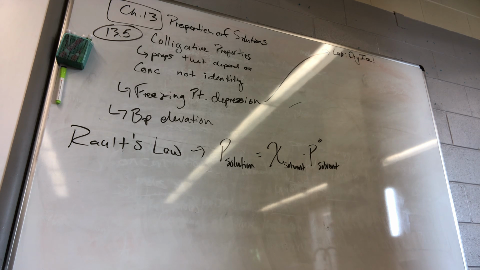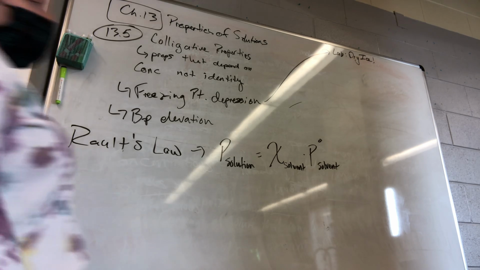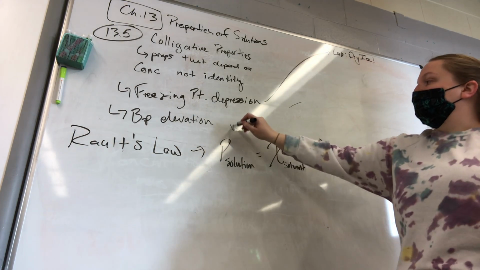This has to do with pressures. So the pressure of something would be equal to the mole fraction of that solvent present times the ideal pressure or standard pressure. Vapor pressure is what this is.